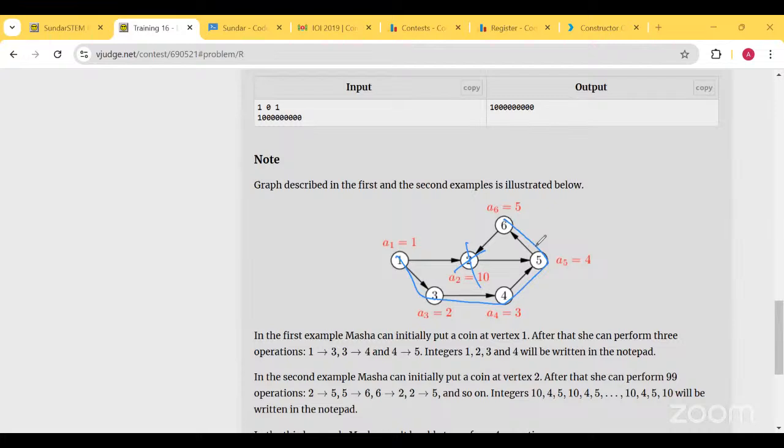We can also only visit 5 nodes. So we always visit this if we want to move in a loop like this. Or we can also do the loop here. All right, so the result is 10.